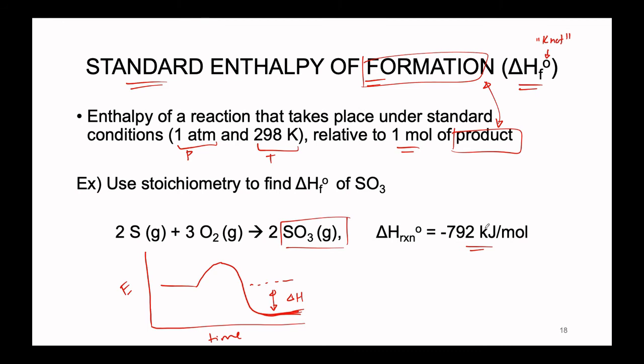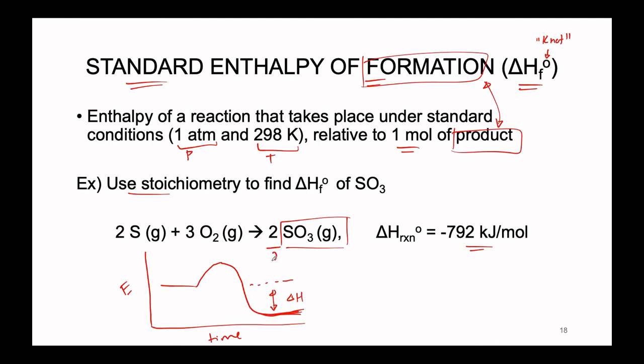So, how we find enthalpies of formation from these experimentally determined enthalpies of reaction is by using stoichiometry, just as we did in our previous example problem to scale a reaction up or down, such that the coefficient in front of our product is 1. So we can see in our chemical reaction here, there are 2 sulfurs for every 3 oxygens, and they produce 2 sulfur trioxides.